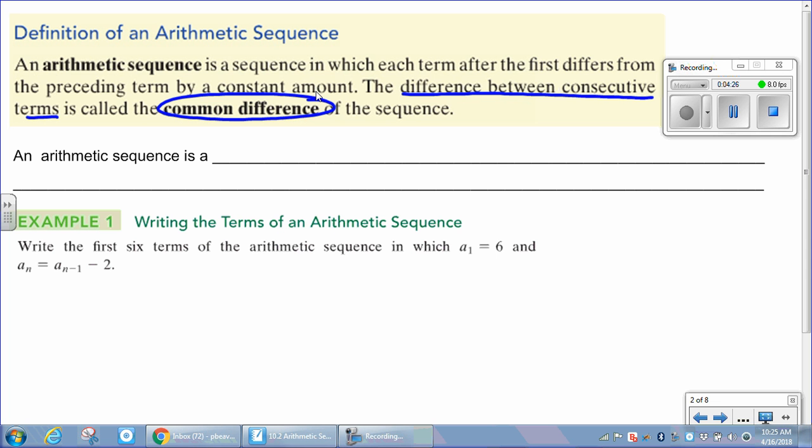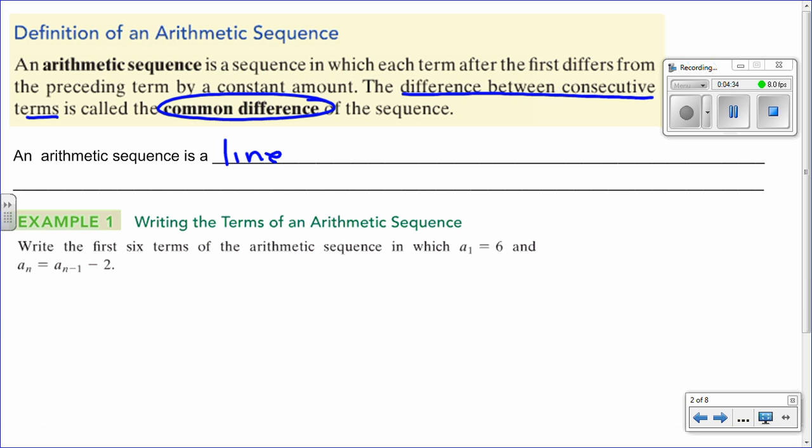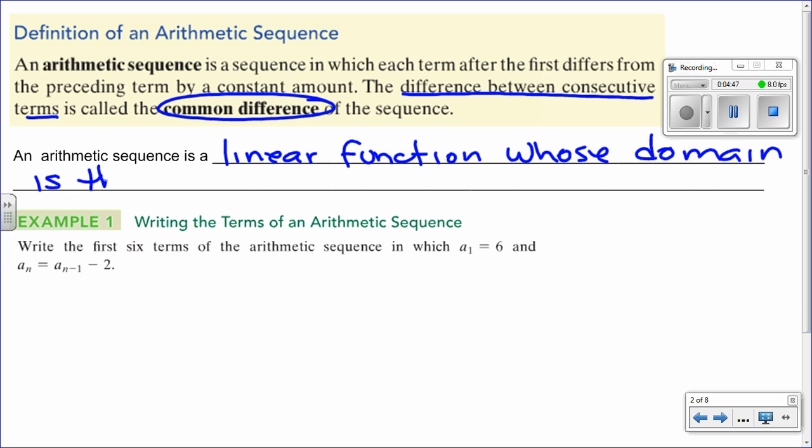Also, we're going to refer to an arithmetic sequence. Here, write the following definition: a linear function whose domain is the set of positive integers, like a discrete function.